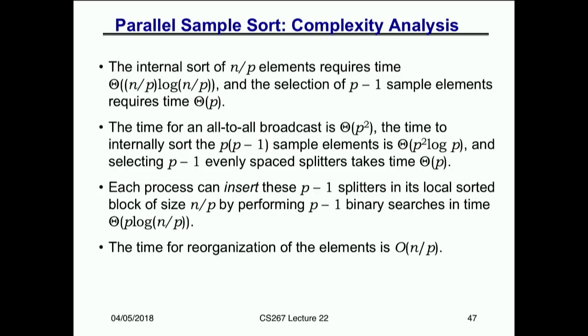You can do it in order p time if you're choosing p minus 1 samples. The all-to-all broadcast is p squared. That's fine. But here is where this analysis gets a little funky. One processor will get p times (p minus 1) samples and will sort them. It's p squared log p, fine, because the logarithm of p squared is the same as the logarithm of p.